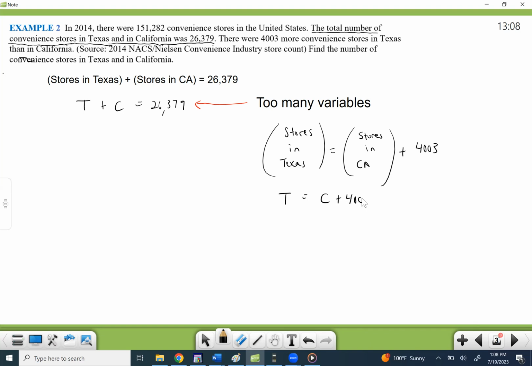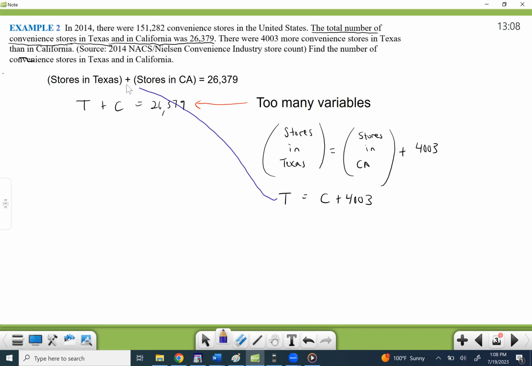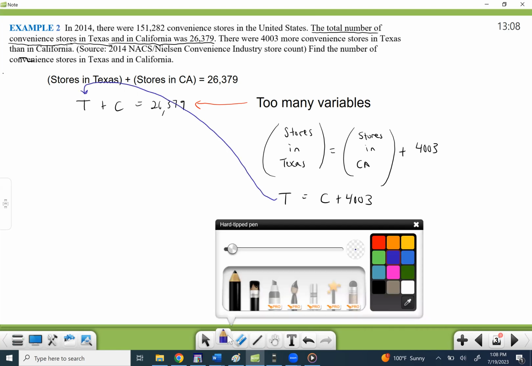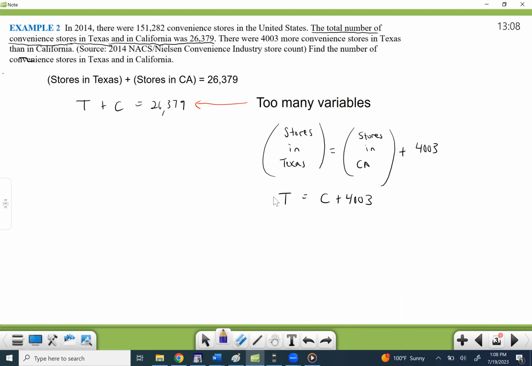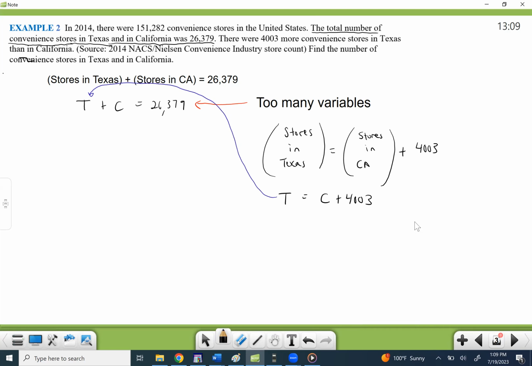So check this out. We know what T is now in terms of C. So we can take this and substitute it in right here. Let me rewrite that so it's not on top of the other stuff. There we go. So instead of T, we're going to put C plus 4,003 because it says T equals that.